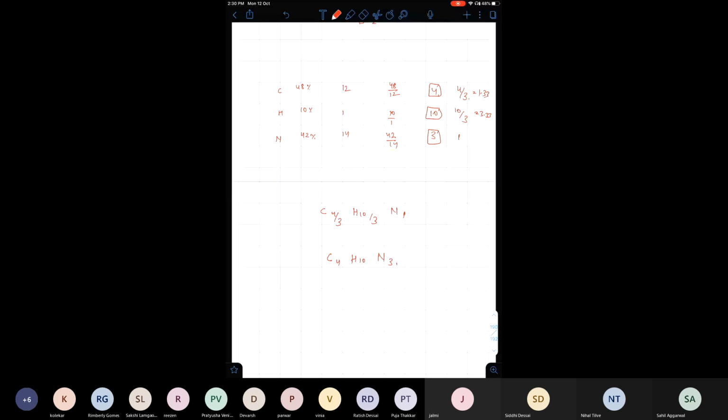This will be 1.33. So nearly C is 1.33, H is 3.33, and nitrogen is 1.